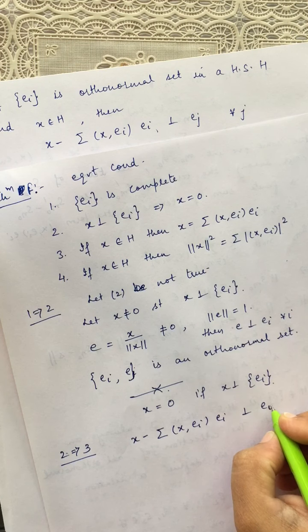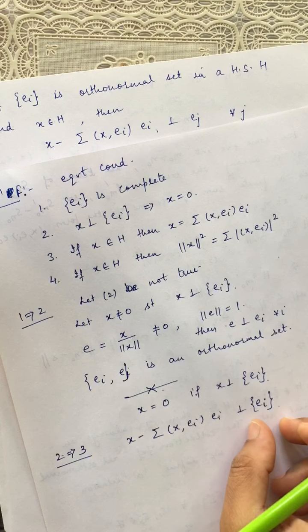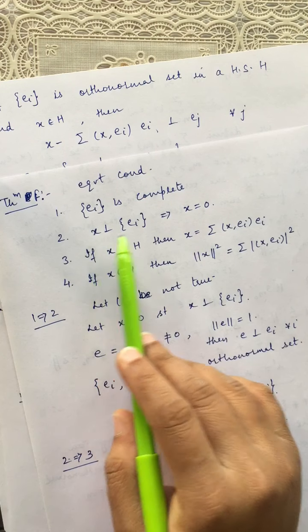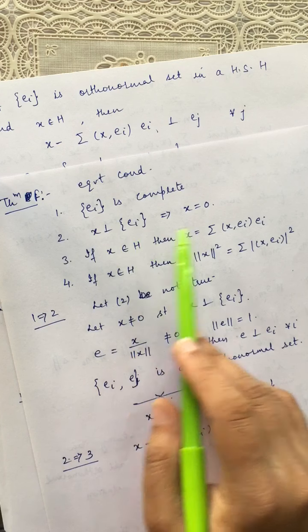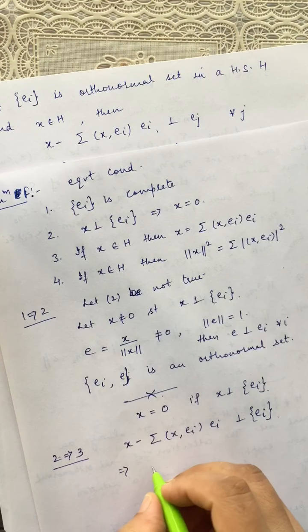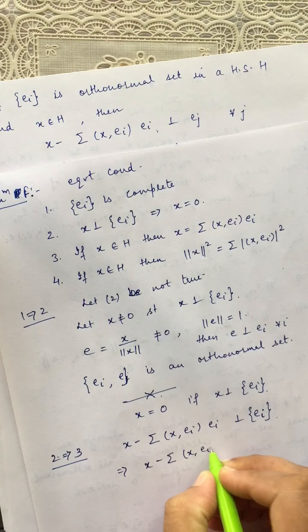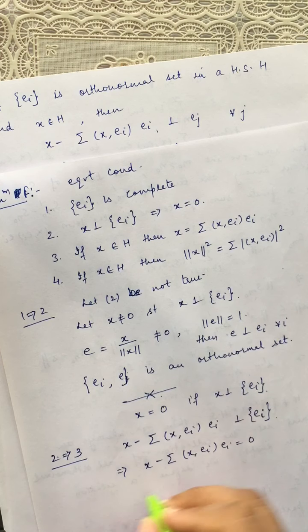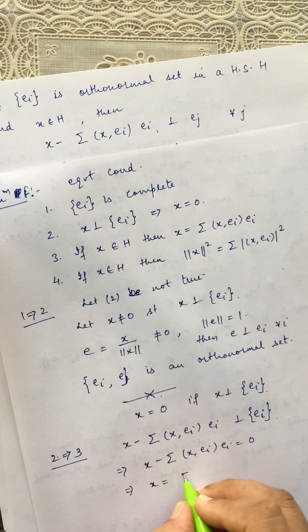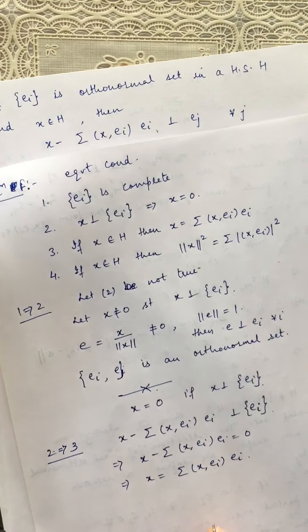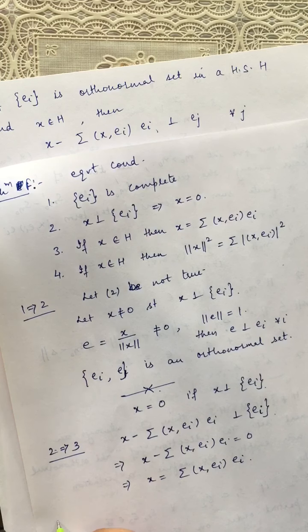So if it is perpendicular to EJ for each j, that means it is perpendicular to the set EI. And the second condition says if some vector is perpendicular to EI, then that vector is 0, which means this X minus this is 0, which says X is actually the sum equal to this. So now 3 implies 4.